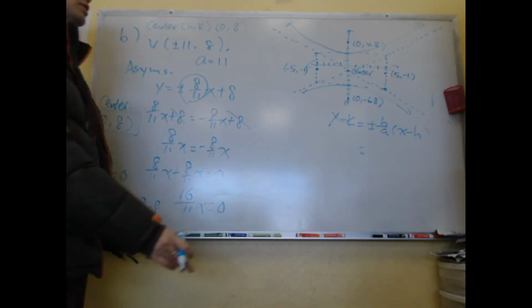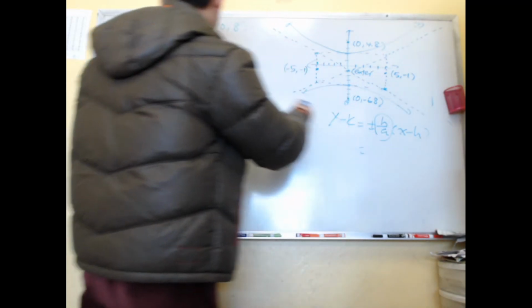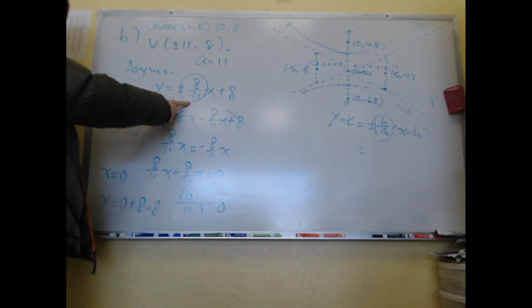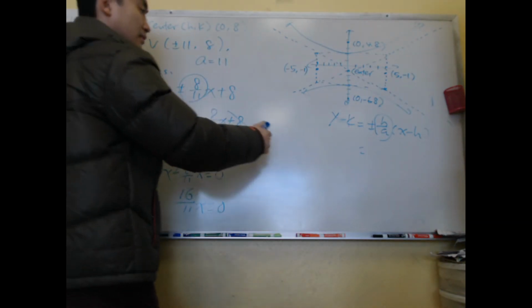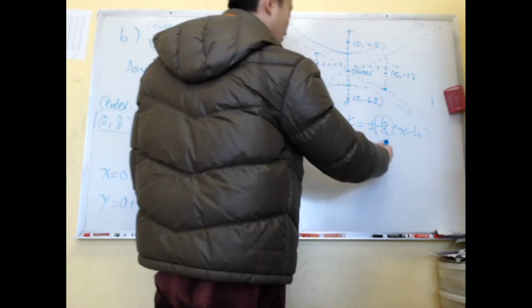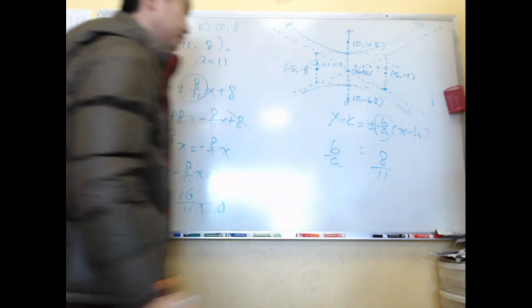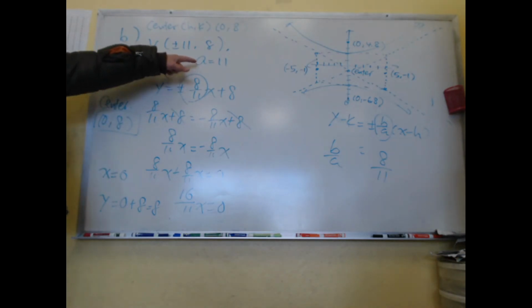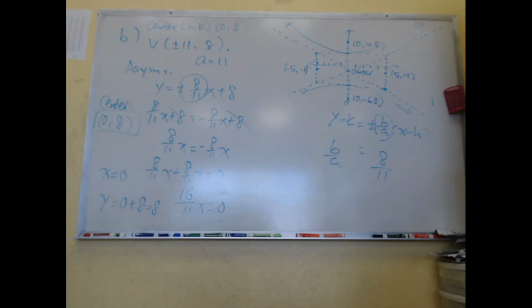Just compare the slope. What's the slope here? b over a. What is that equal to? a over 11. Well, we found a already, so what's the value of b? 8.